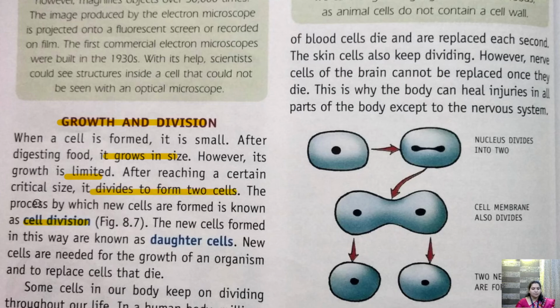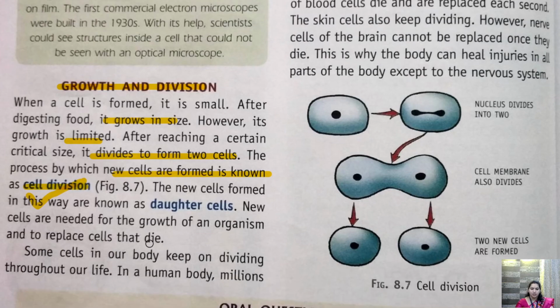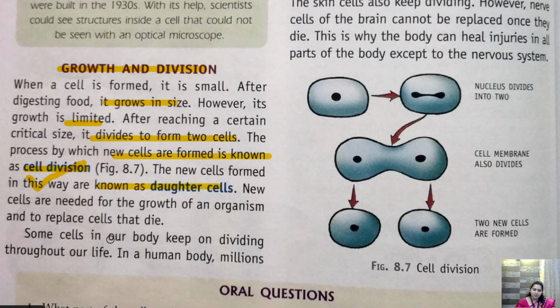Okay? The process by which new cells are formed is known as cell division. This is important. The new cells formed in this way are known as daughter cells. जो नई सेल बन रही है उसको हम daughter cell कहते हैं. ठीक है? New cells are needed for the growth of an organism and to replace the cells that die. Some cells in our body keep on dividing throughout our life.